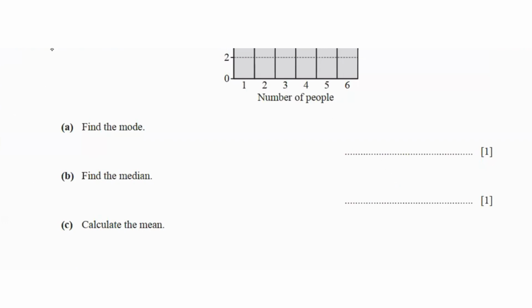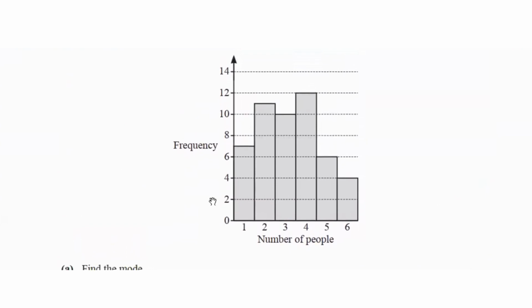Then it says calculate the mean value. So for the mean value, let's go back to the frequencies. We had 7, 11, 10, 12, 6, and 4. Mean is your sigma fx divided by sigma f.